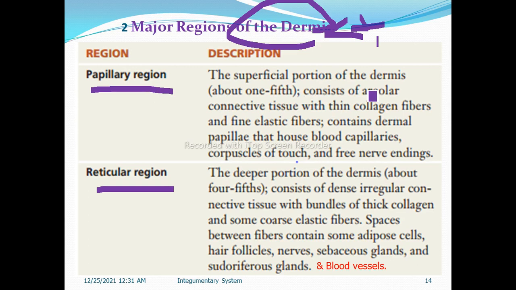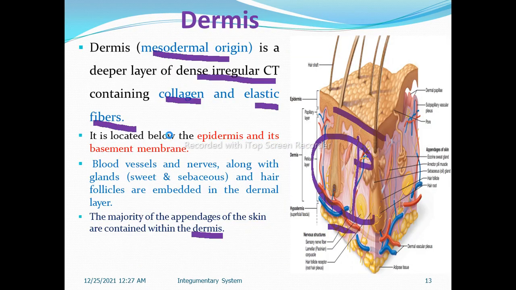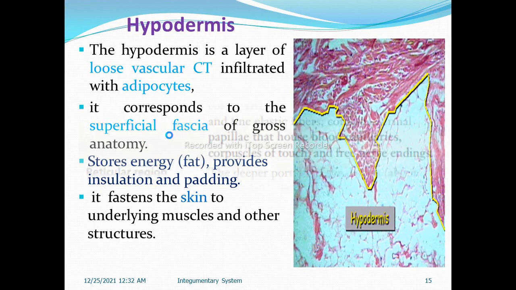It consists of areolar connective tissue with thin collagen fiber and fine elastic fiber, and it contains dermal papillae that house blood capillaries, corpuscles of touch, and free nerve endings. Let me show you.